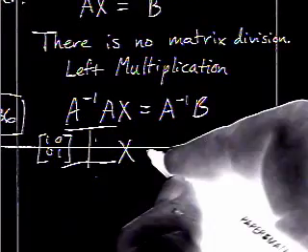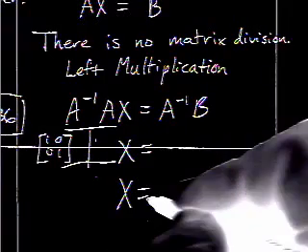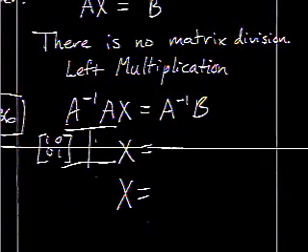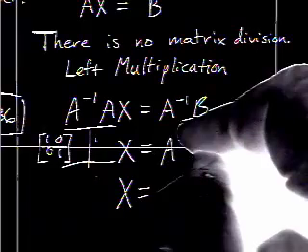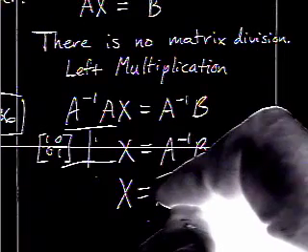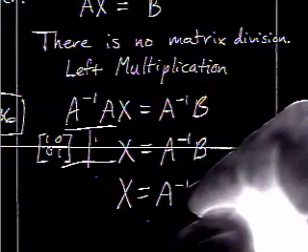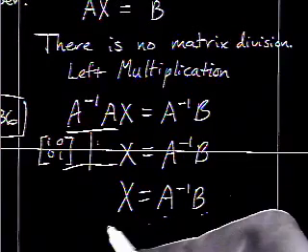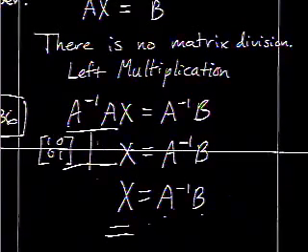And the identity matrix times X is always equal to X. That's the equivalent of canceling out. Well, what happens on the other side is that I have A inverse on the left and B on the right. And those two things get multiplied together, and that will give me my final answer.